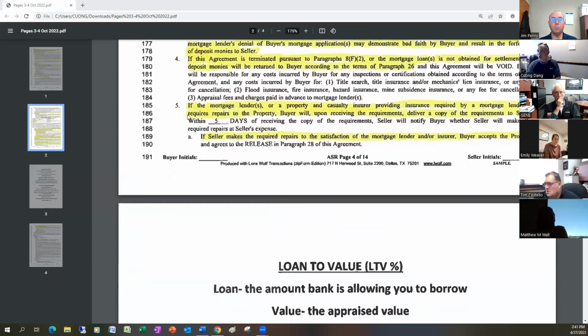5, if the mortgage lender or a property and casualty insurer providing insurance required by a mortgage lender requires repair to the property, buyer will, upon receiving the requirements, deliver a copy of the requirements to seller within blank days, 5, okay, of receiving the copy of the requirements. Seller will notify buyer whether seller will make the required repairs at seller's expense.